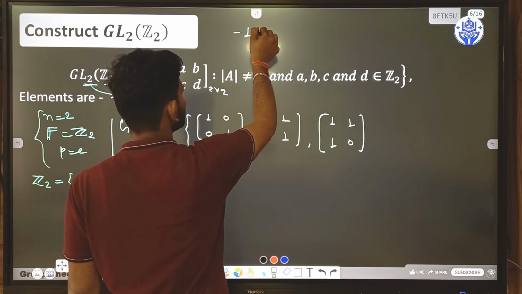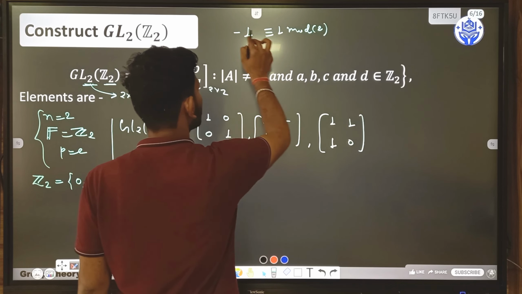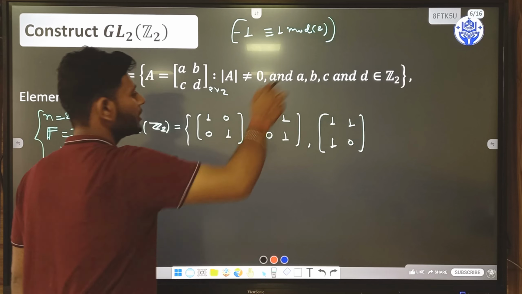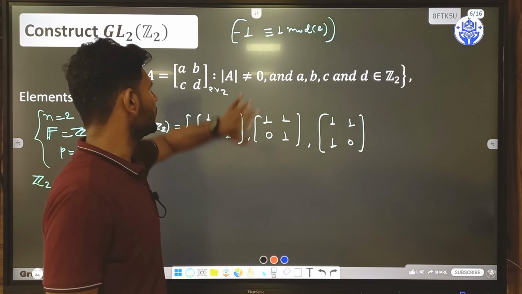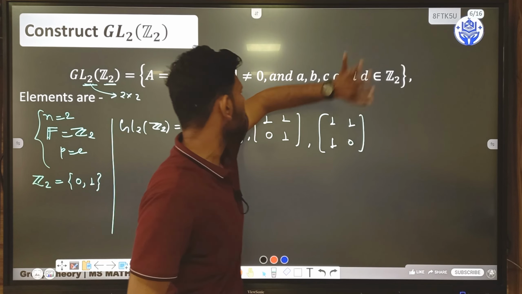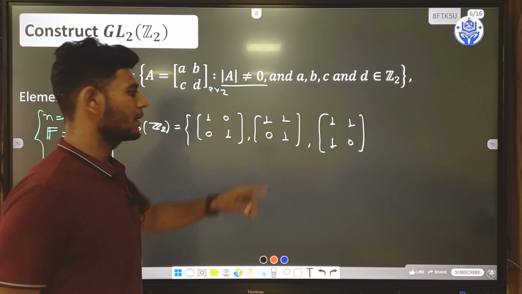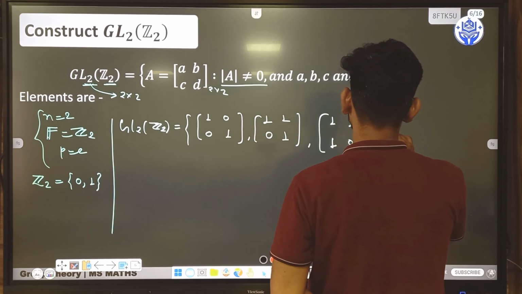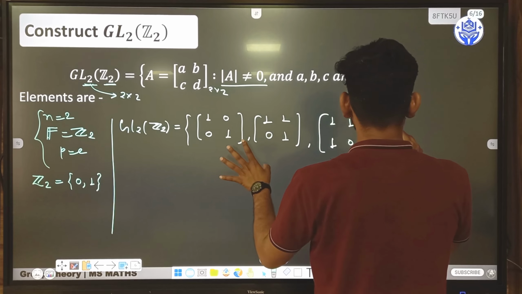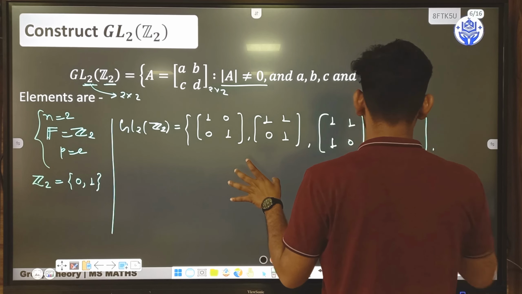Now see here, the determinant is minus 1, but one thing I want to tell you is that minus 1 is equivalent to 1 mod 2. It means if you take the negative, that will be equivalent to 1. So its determinant is minus 1, but it is non-zero, yes. So this kind of element can be there. If I make one more, let's say 0 1 1 1, its determinant is also non-zero.